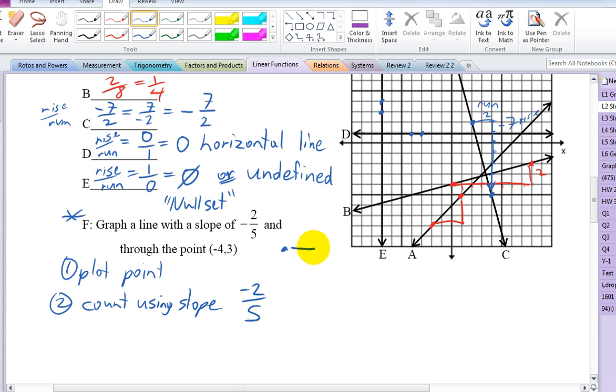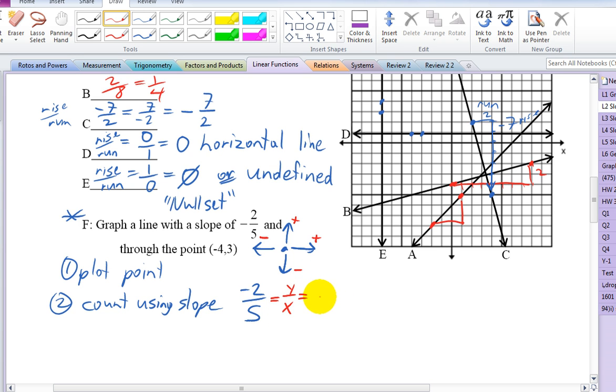Now remember, how to count is just like your grid. In other words, your positive x values go to the right, your negative x values go to the left. Your positive y's go up, and your negative y's go down. So a slope of negative 2 over 5, remember that's your y over x, rise over run.